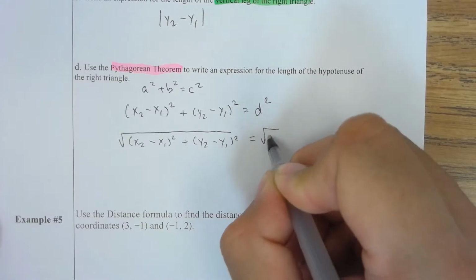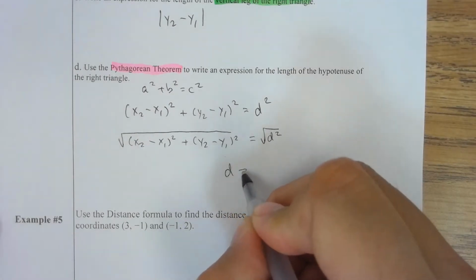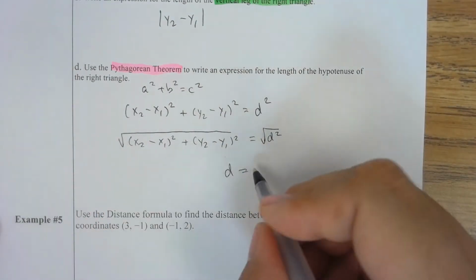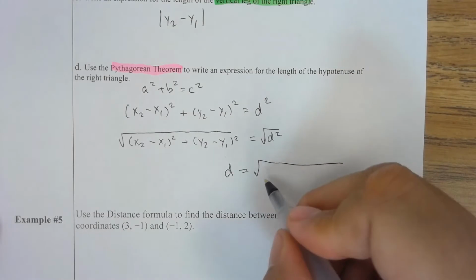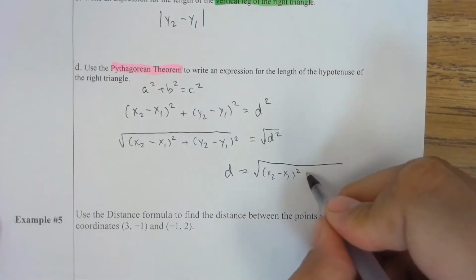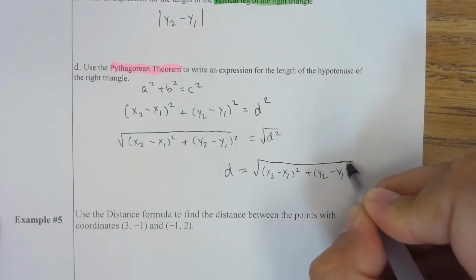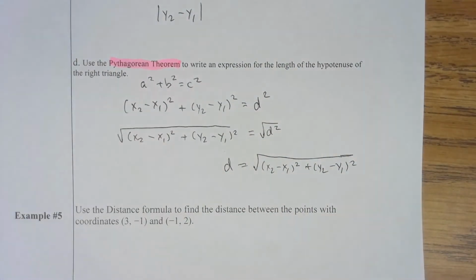We square root this. This cancels out. That's what we want in the first place. So now we end up with d equal to the square root of x2 minus x1 squared plus y2 minus y1 squared. So that's the formula for finding distance.